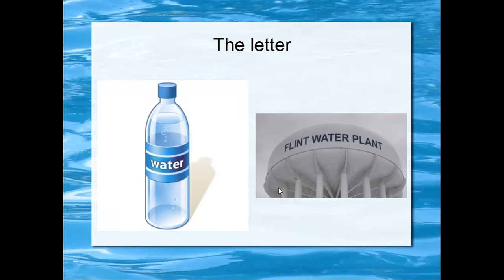Next is my letter. Towards the end of the session, we were to write a letter to the governor of Flint about the water. So here's my letter. Mr. Governor, people in Flint should not have to pay for water that is not safe to drink. People in Flint should not have to pay for water, especially if it will do bad things to their body.